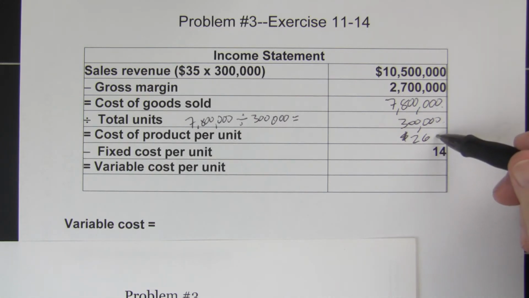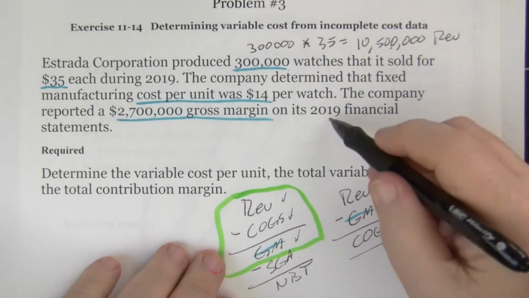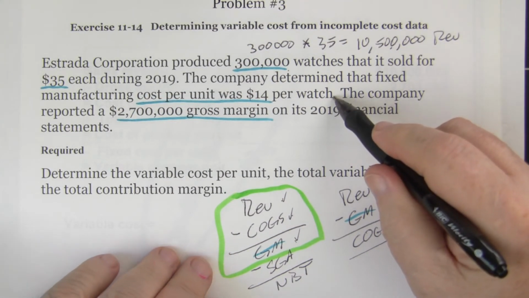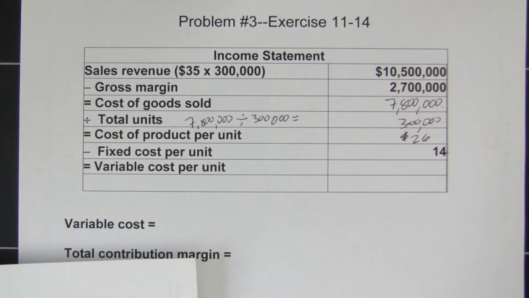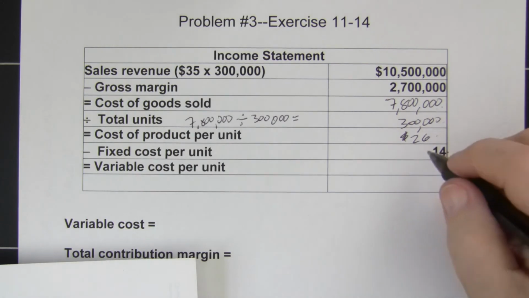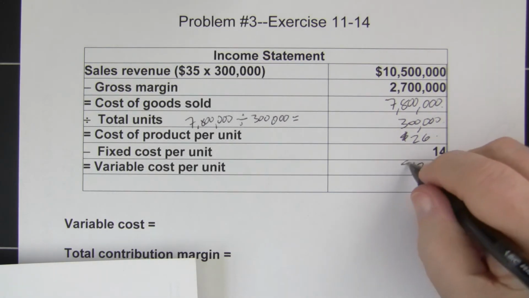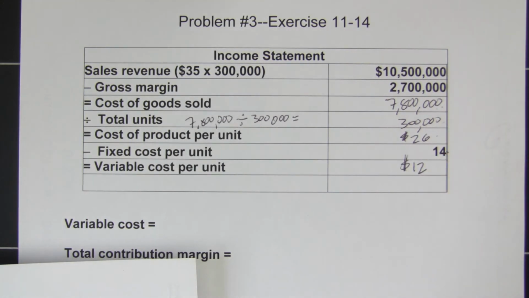If the fixed cost per unit was $14, because they tell us that, fixed manufacturing cost per unit, $14. Subtract that from the cost of the product per unit, and we come up with $12. That's our variable cost.